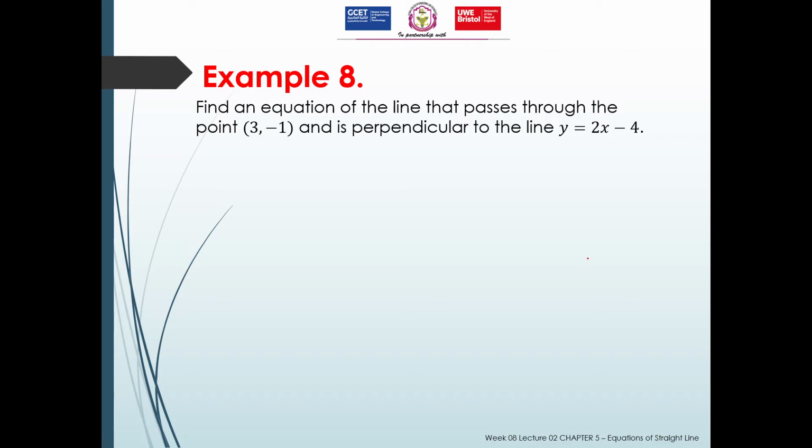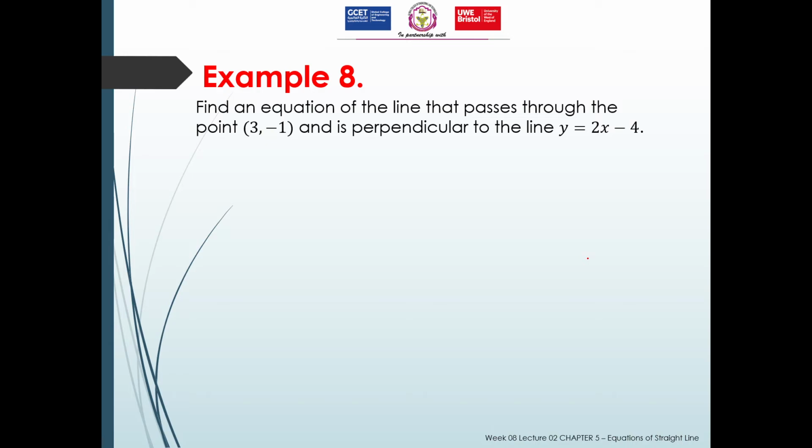Now, example 8. This is found on page 86. Let us find an equation of the line that passes through the point 3, -1 and is perpendicular to the line y equals 2x minus 4. Here we are given a line which is perpendicular to the required line and a point that the required line passes through.